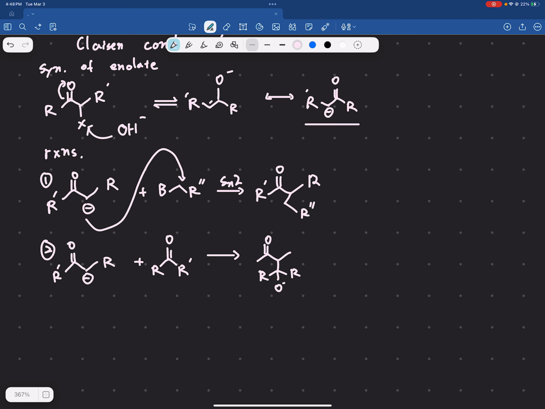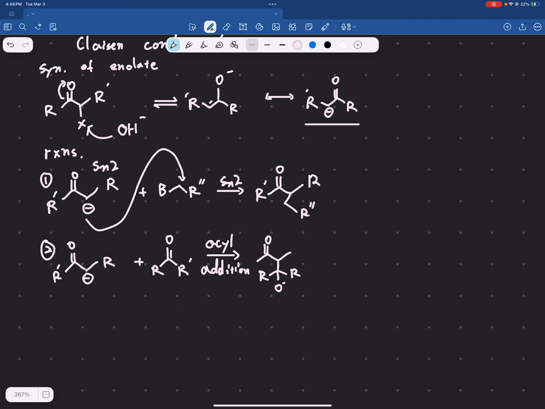So this is the basic mechanism of how enolates will react. So either in an SN2 reaction or carbonyl addition, this is nucleophilic acyl addition.